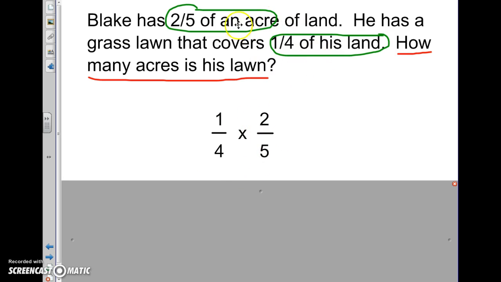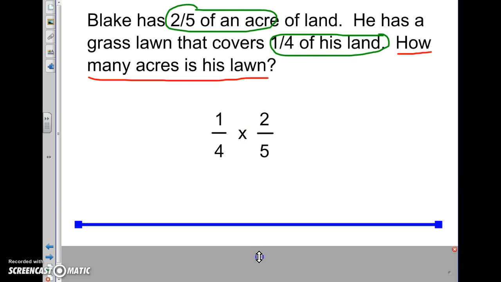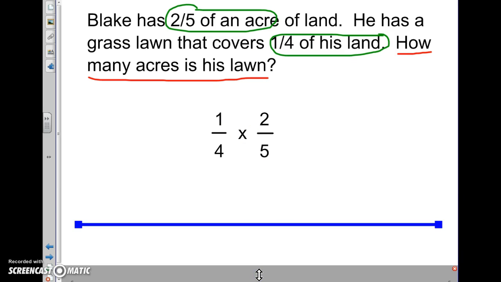We've figured out that to solve this problem we're going to have to use the operation of multiplication, but now we want to use a line plot to present the solution. So remember, I take this second factor here, which is 2/5, on the line plot first. I want to show what 2/5 looks like first.